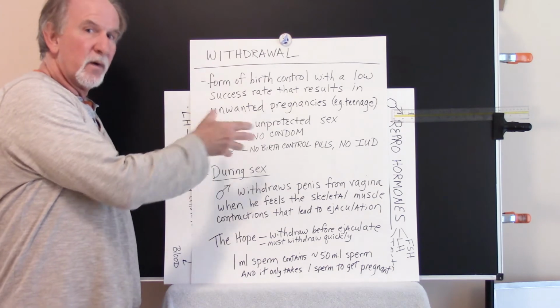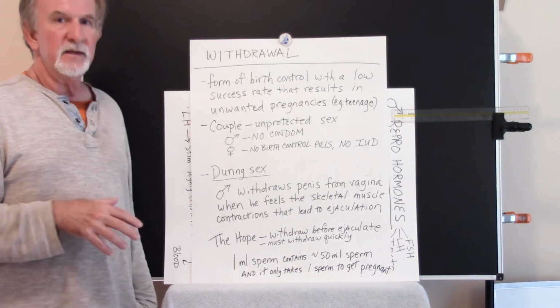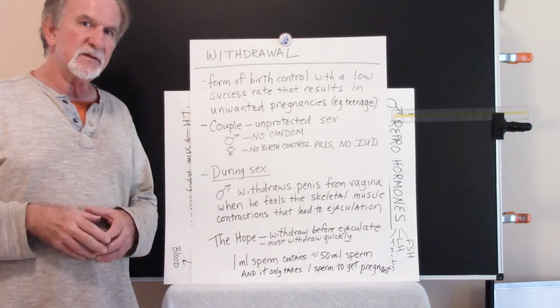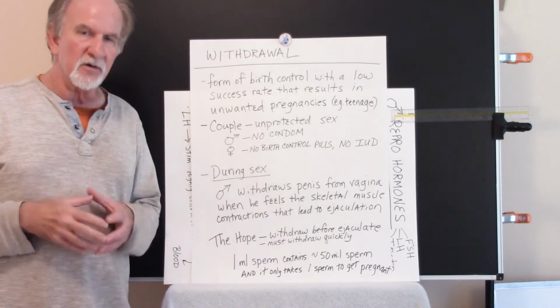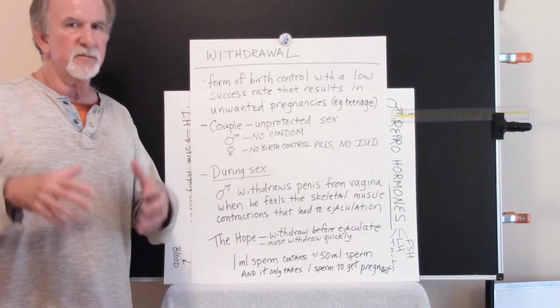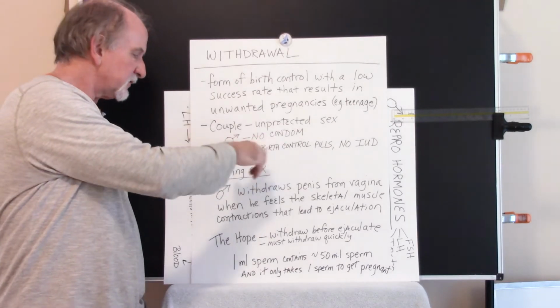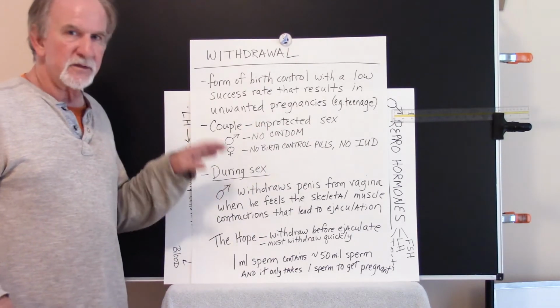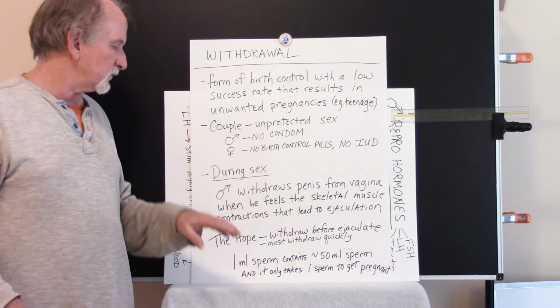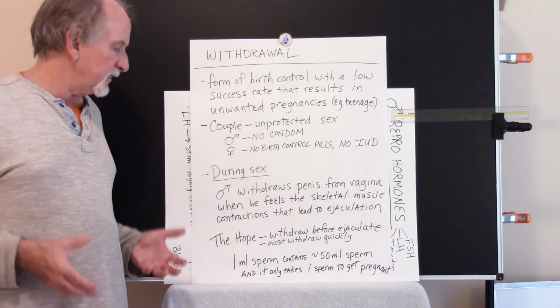But at some point, the skeletal muscle at the base of the penis starts to contract and relax, 7 or 8 times or so. A guy keys the withdrawal of his penis from the vagina when he feels the first skeletal muscle contraction that he knows is going to lead to ejaculation.